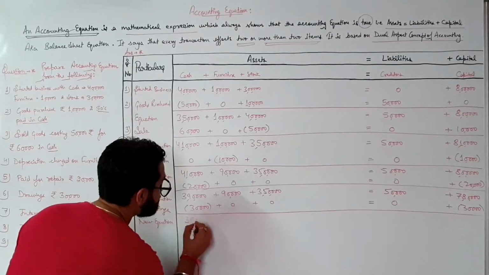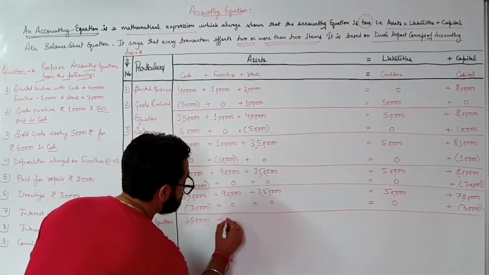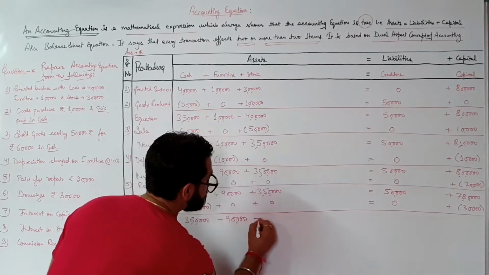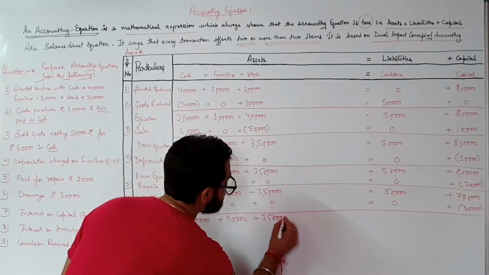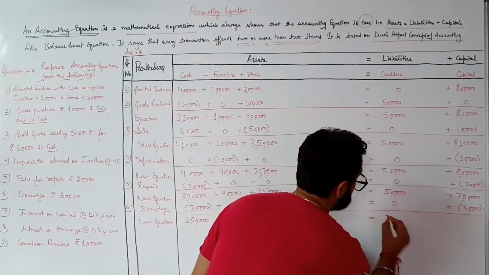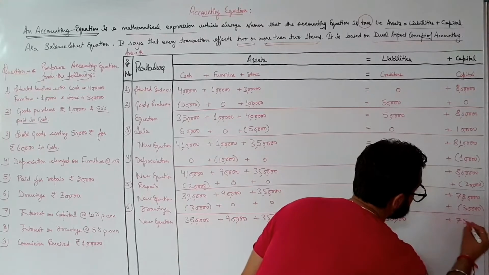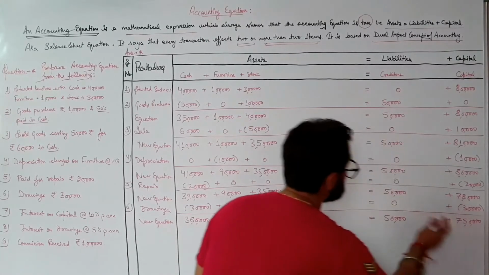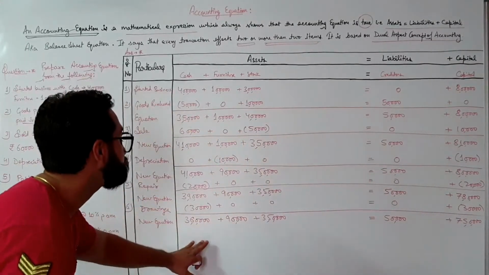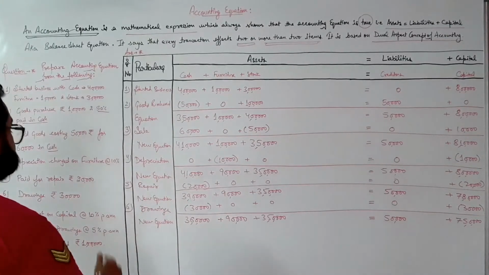So 3,60,000 plus 90,000 plus 3,50,000, 50,000, 7,50,000. Now here the total is 8 lakh, and here also the total is 8 lakh.